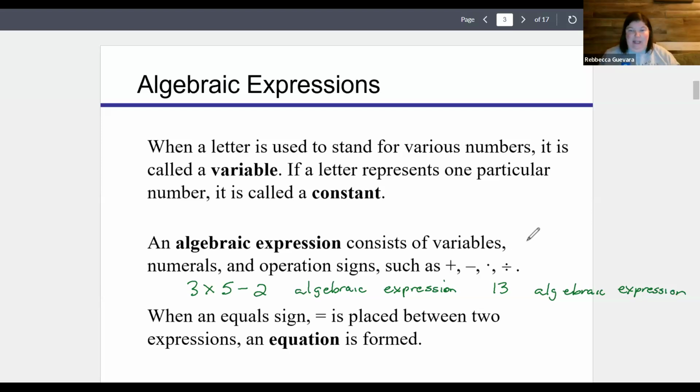Also, if I had something like 2x plus 5, that itself is an algebraic expression. If I just have a variable by itself, just y, that is also an algebraic expression. Sorry, I might be slightly dyslexic. I keep writing things backwards.